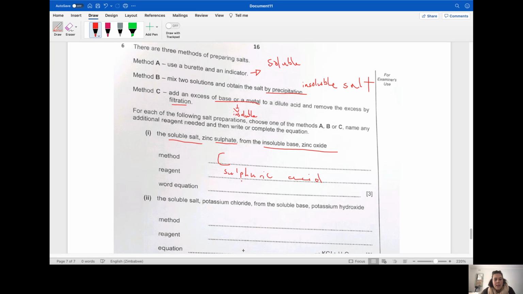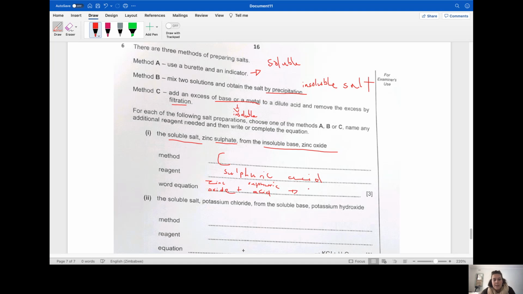So your word equation now is zinc oxide, which is your base, plus the sulfuric acid that you just figured out, because I need the sulfate, and that can only come from sulfuric acid.